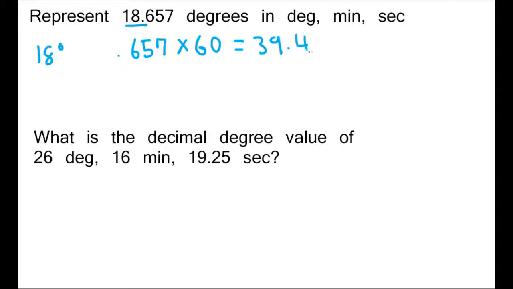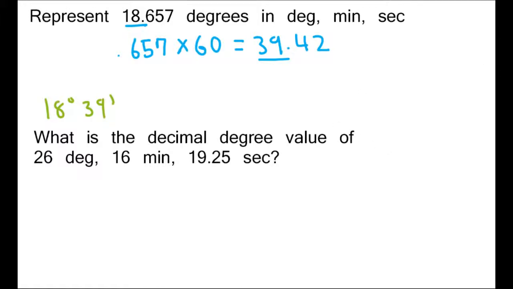39.42. Nice. Now we take this 39. I guess I'll have to move this a little bit. This is a bad position for it. Let's move it over here. Let's change color too, just so it can be seen better. 18 degrees, 39 minutes.